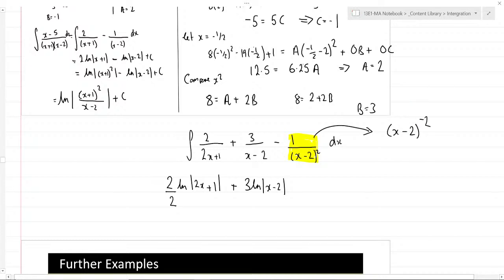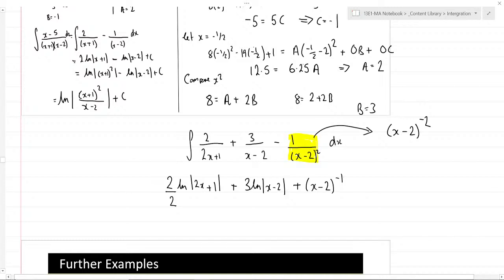And if I integrate that, I'm going to get x to the minus 1 all over minus 1. And then there's nothing inside to differentiate, so it differentiates to 1 inside. So it's going to be the minus minus, isn't it? So it's going to be plus (x minus 2) to the power of minus 1.